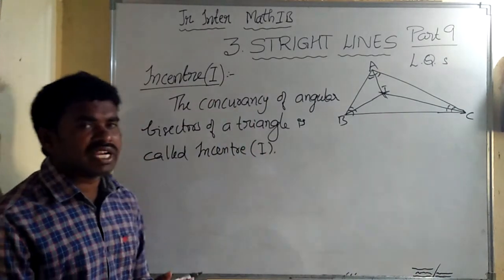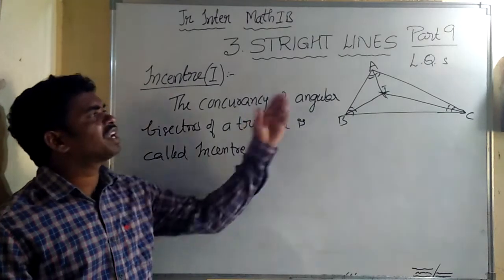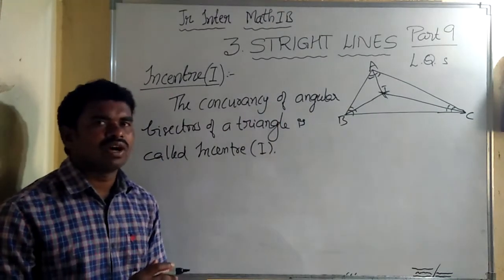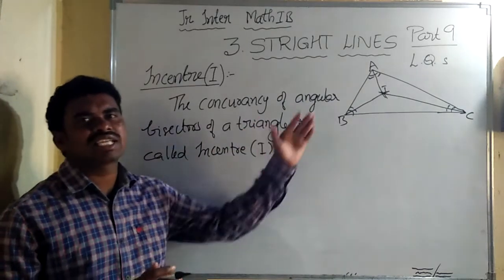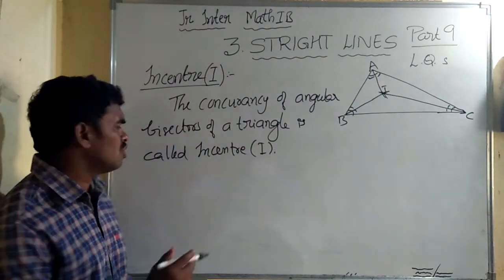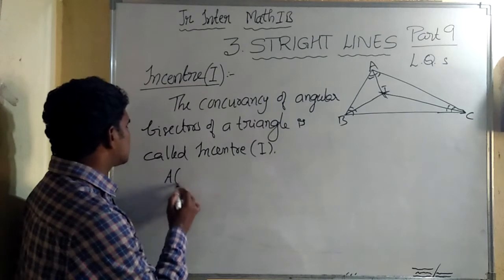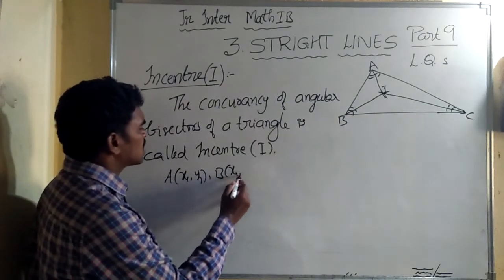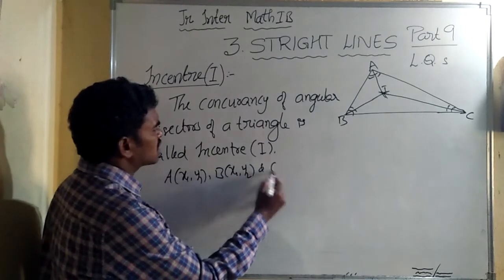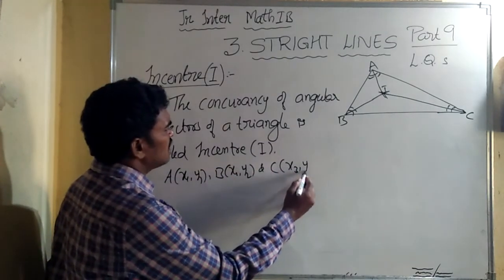So how can we find the incentre when the three vertices are given, or the three sides are given? For example, A is vertex x1, y1, B is vertex x2 comma y2, and vertex C is x3 comma y3.